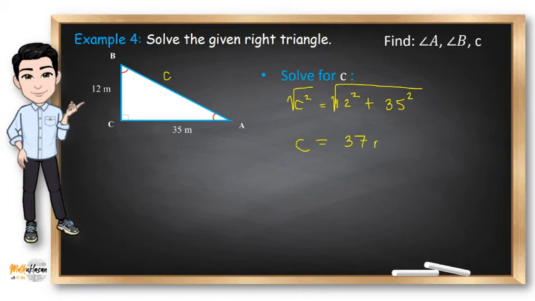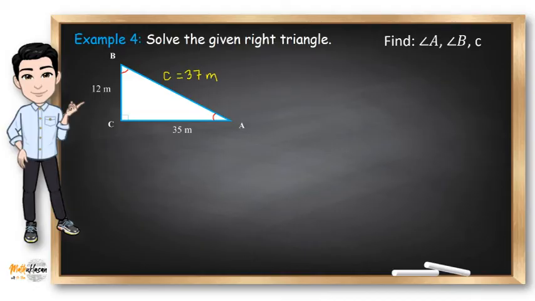Don't forget the unit. So, lagay na natin dito, 37 meters. Now, how about angles A and B? To solve for angle A, you can still use the trigonometric functions. So, let's say we use angle A here. Okay? So, ang involved sa atin kasi yung 12 tsaka 35.